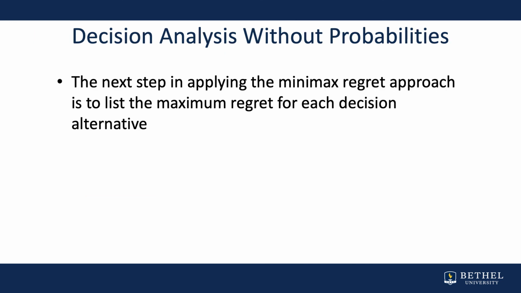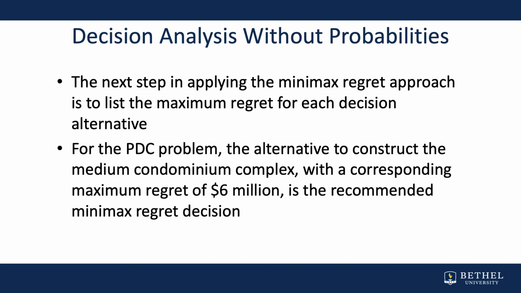In our decision analysis process, the next step in applying the minimax regret approach is to list the maximum regret for each decision alternative. For the PDC problem, the alternative to construct the medium condominium complex with a corresponding maximum regret of $6 million is the recommended minimax regret decision.